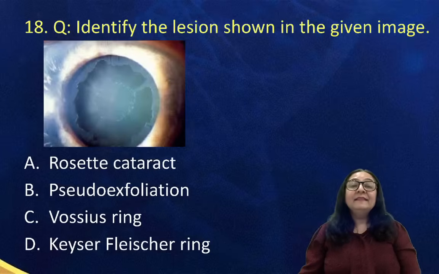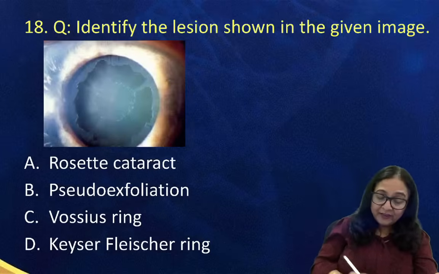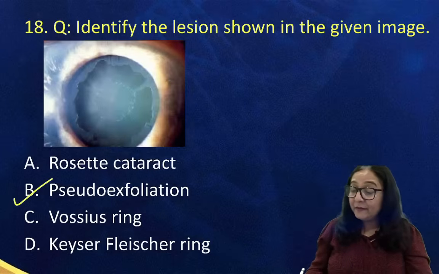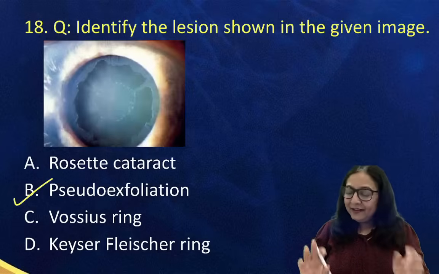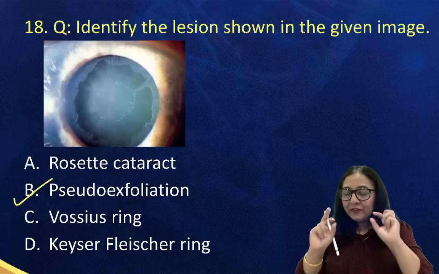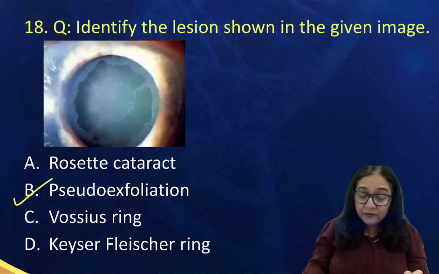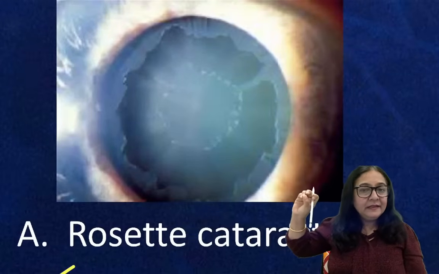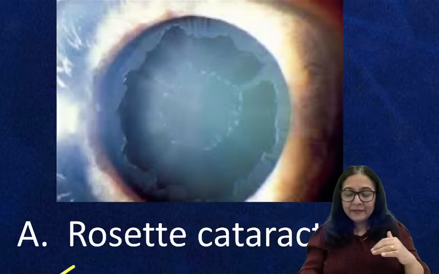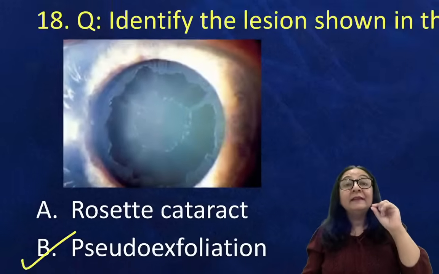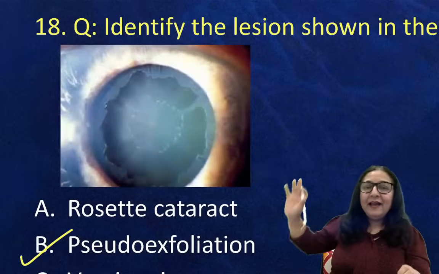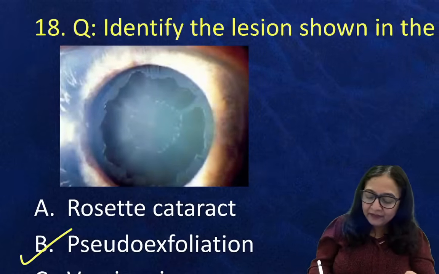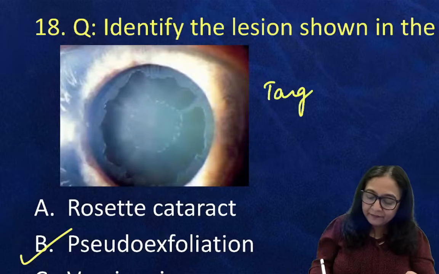This is pseudoexfoliation. Some of you are right, some of you are confusing it with Vossius ring. What you see here is that the lens capsule is showing deposition of fibrillary material. It appears as if the lens epithelium is exfoliated, but it is a pseudo exfoliation, and this type of lesion is called the target sign.